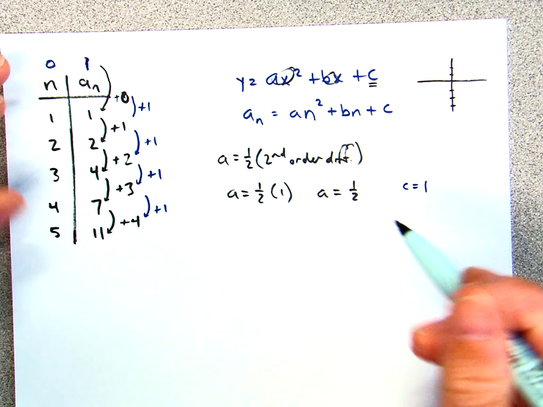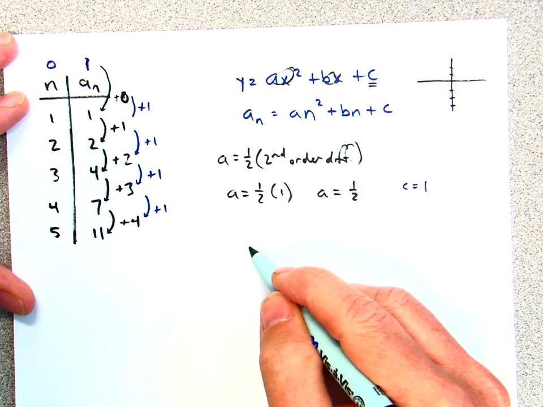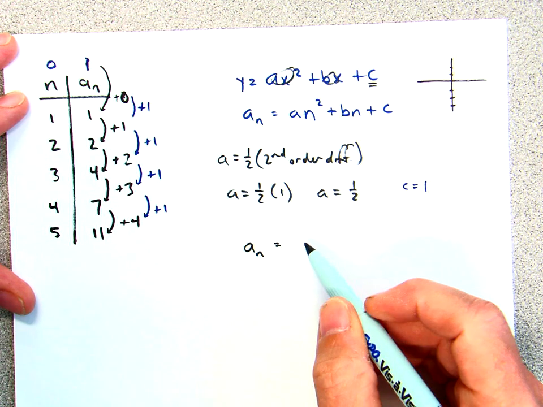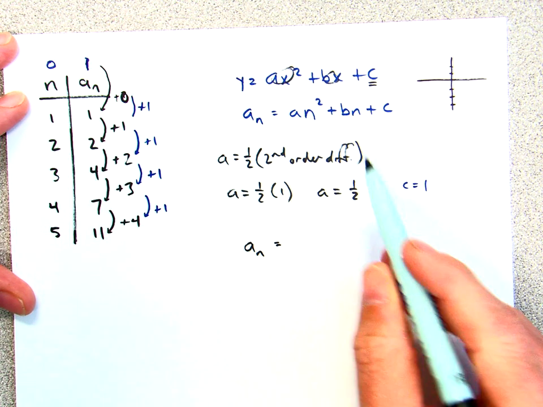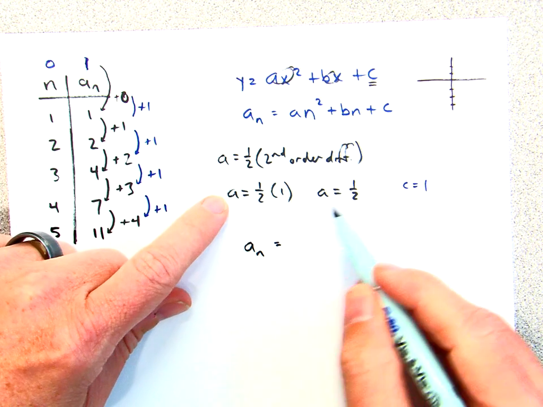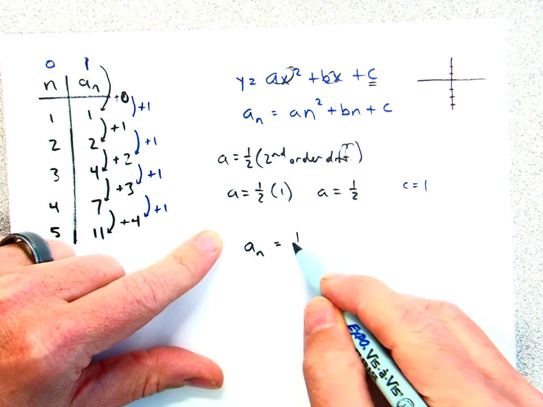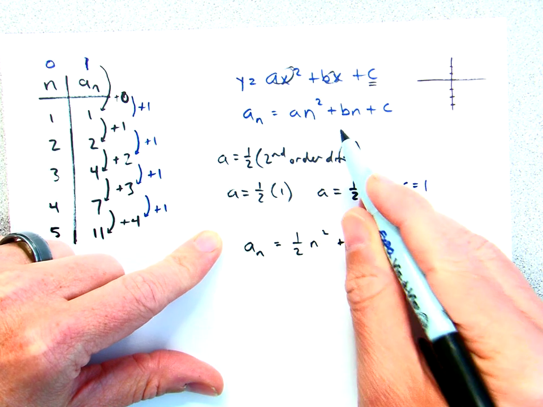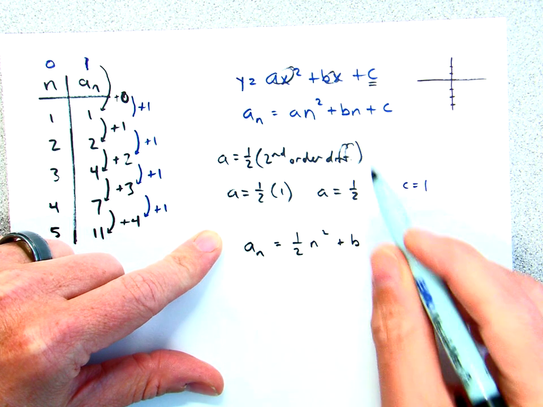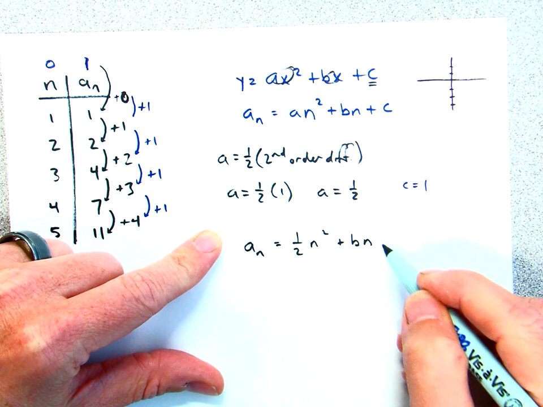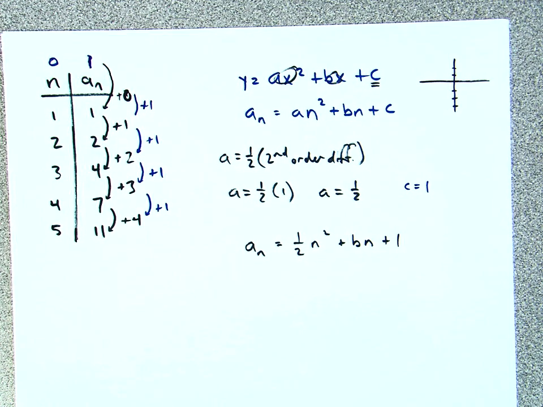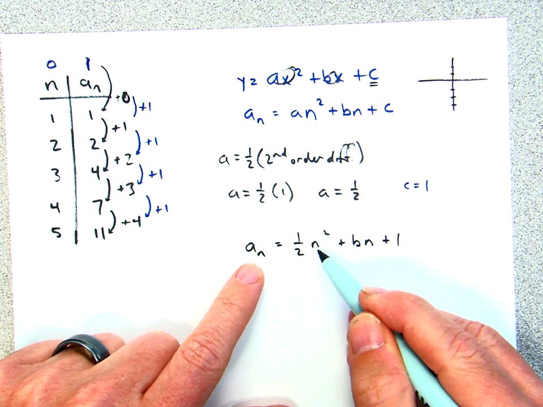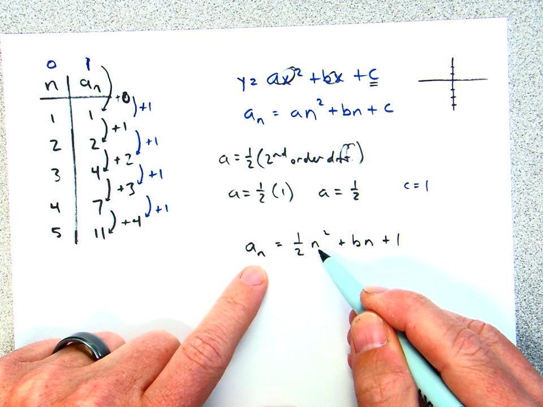So I'm going to go ahead and plug some of these things in. I know that the a sub n value can be found by using this formula for explicit. We found that A is 1/2, so it'll be 1/2 n squared. B we don't know, so I'm going to leave that as a b. And C we found was 1. Now, n would be whichever term we're interested in. a sub n would be the value of that term.